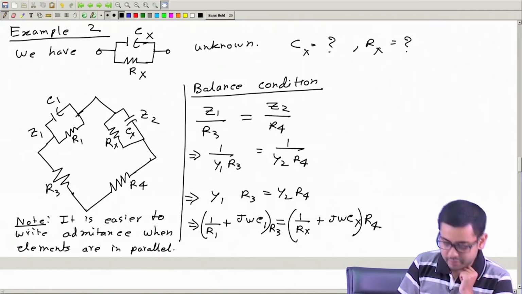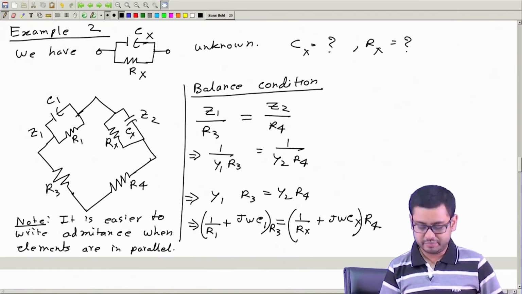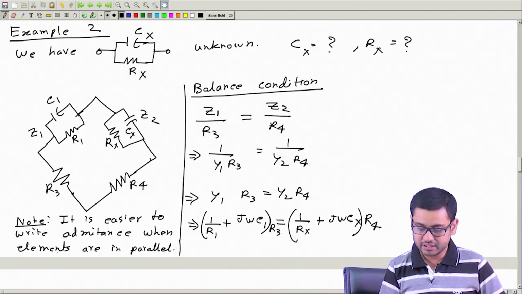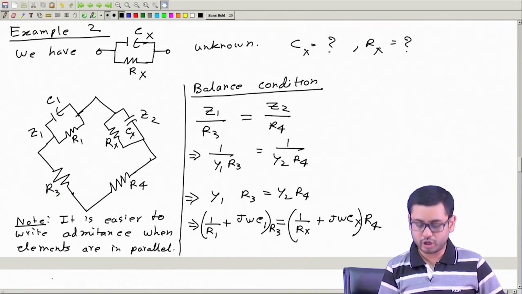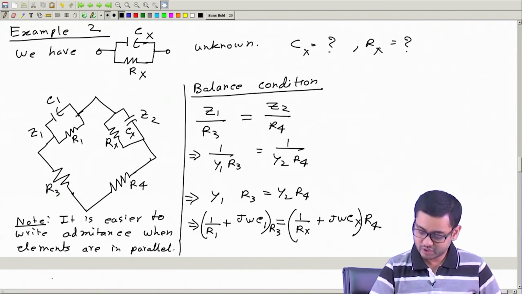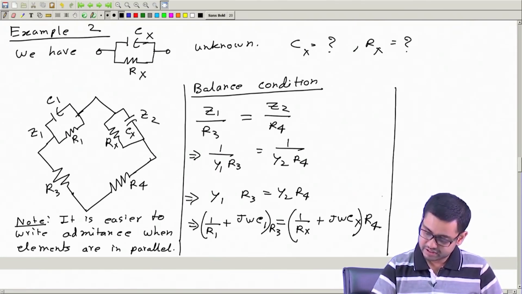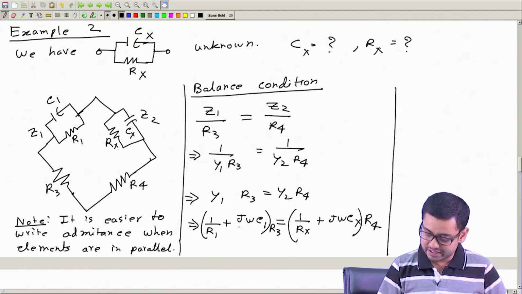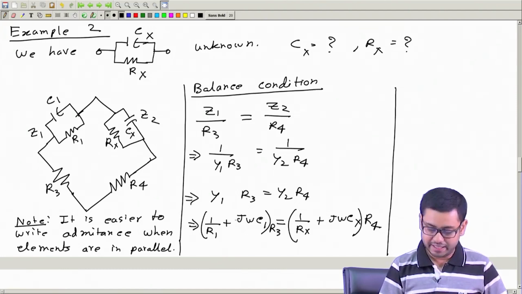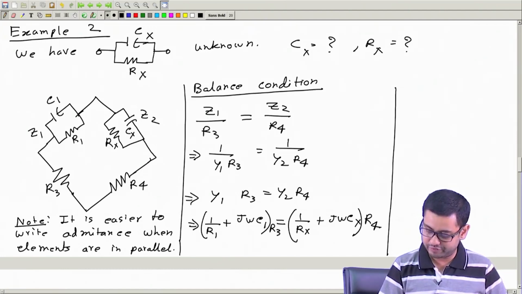Similarly, if the elements are in series, it becomes easier to deal in terms of impedance. Now, from this you see it is very easy to equate the real part of left side to the real part of right side, and similarly the imaginary part of left and right sides.